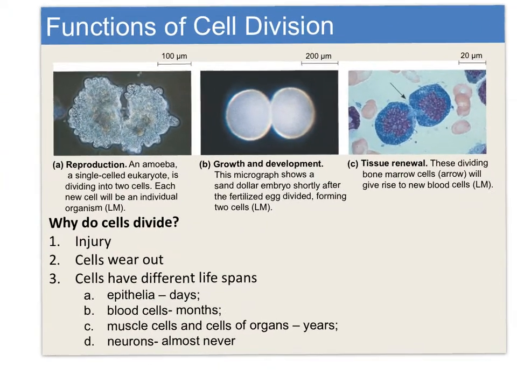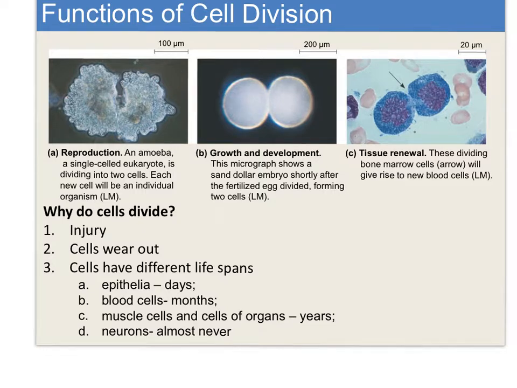And then in terms of how often it happens, cells have different lifespans. So, skin cells, they're replaced daily or over a few days. Blood cells, over a month or months.